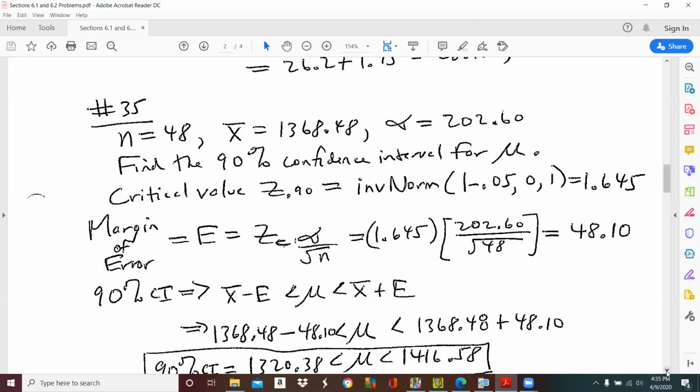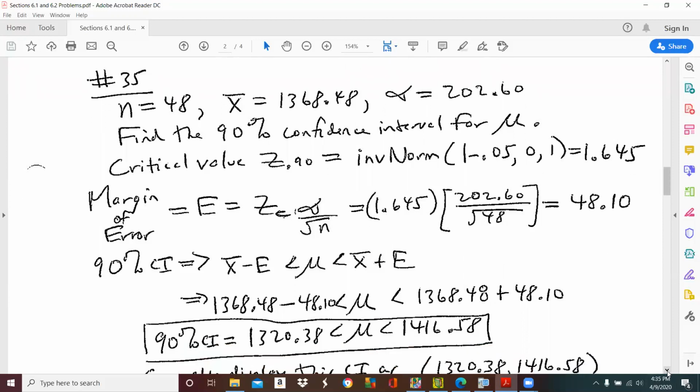I guess $48.10. And when we subtract it from X bar and when we add it to X bar, we get these endpoints here. So we take 1368.48, subtract 48.10 to get our left endpoint, 1320.38, and add 48.10 to get our right endpoint. And this becomes our 90% confidence interval.